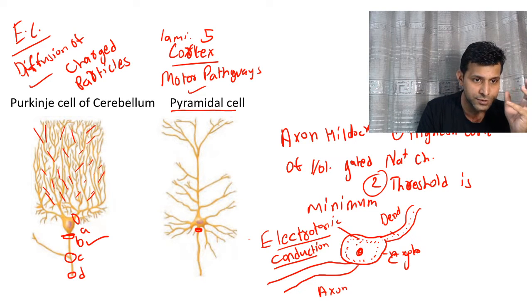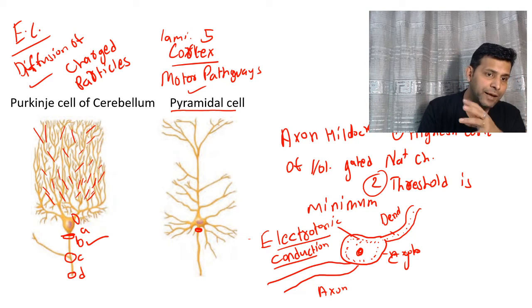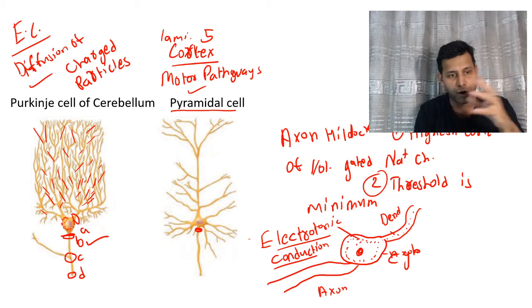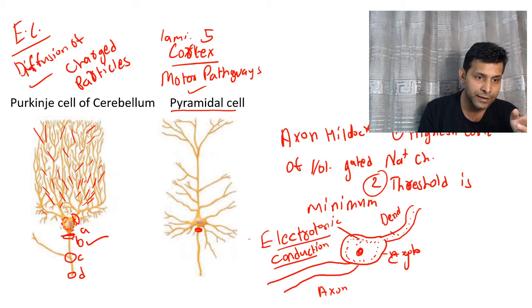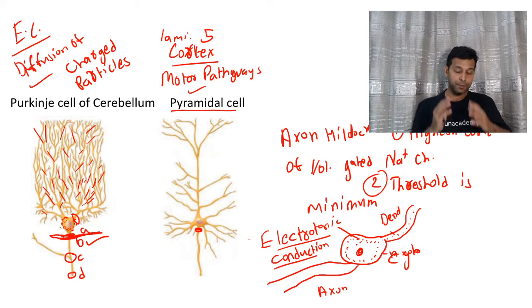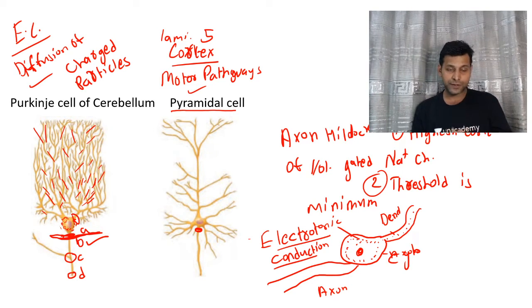So dendrons carry all these EPSPs and IPSPs, and they are summated, mathematically added or subtracted within the cyton, and the net output will determine whether you are going to have an action potential or not. This is the very beneficial thing, because the brain works in a very precise manner.